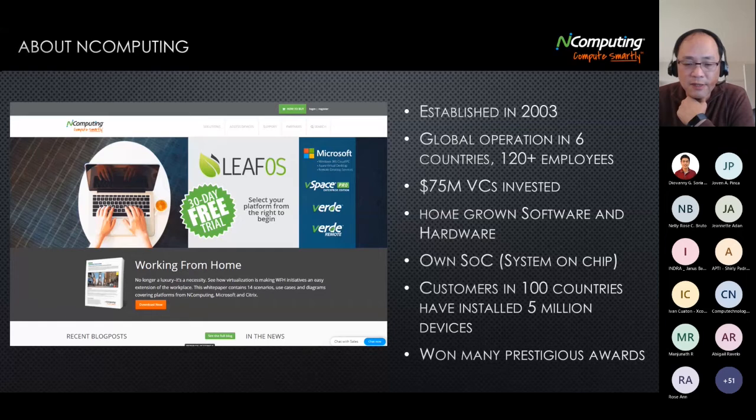As of today, we probably have more than 5 million units installed, ranging from various use cases. So we felt that it is our responsibility to continue to innovate, so we can benefit our existing and potentially attract new customers.